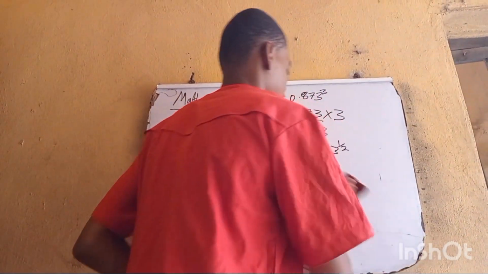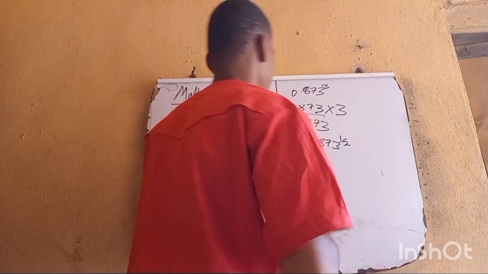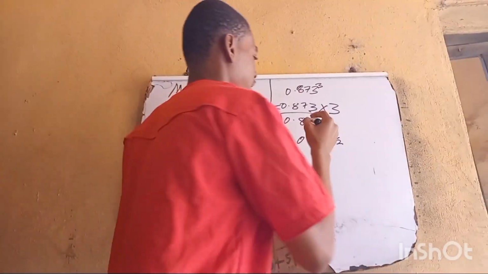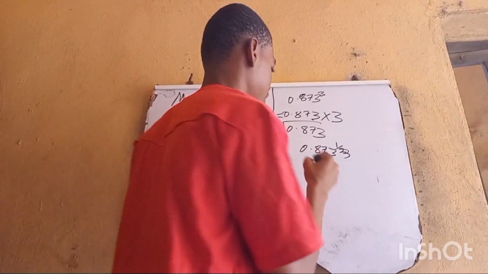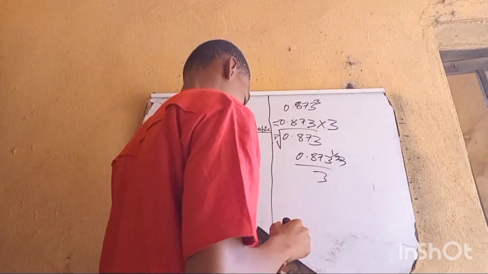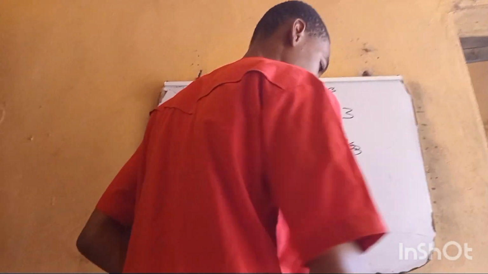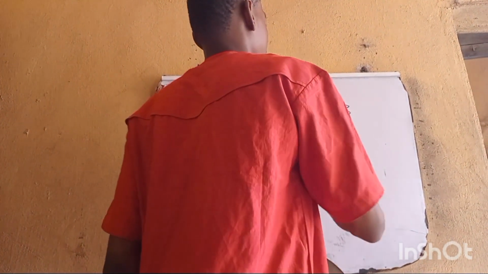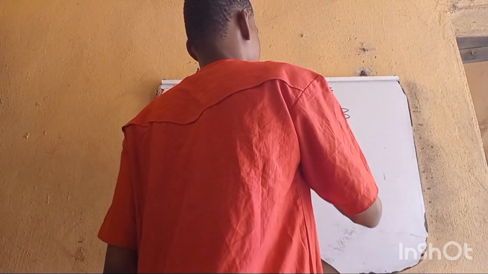If this is the cube root of this, here will be 1 over 3, which will be divided by 3. That is all, the power rule and the root rule.